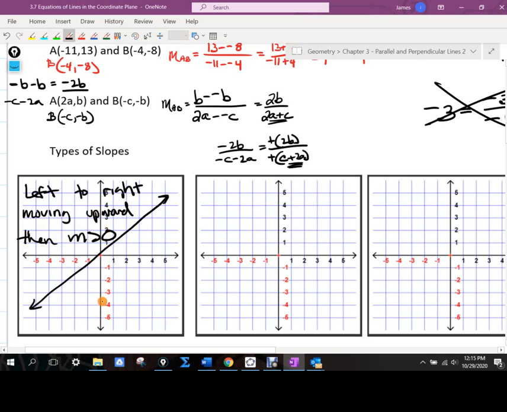Slope is positive. What's that one going to be? Negative. So left to right, if you're moving downward, M is going to be less than 0, or negative.